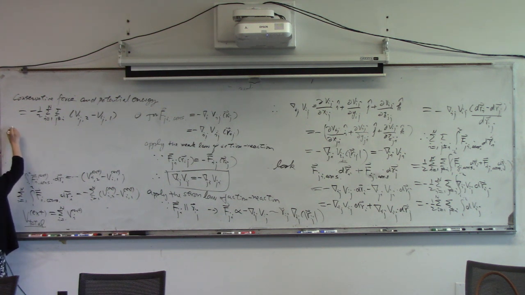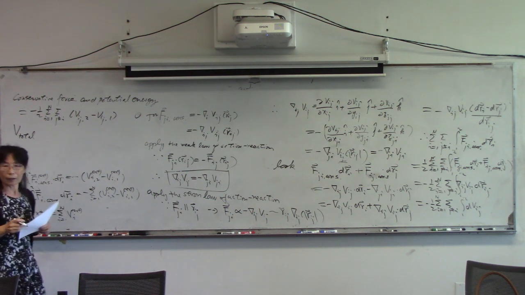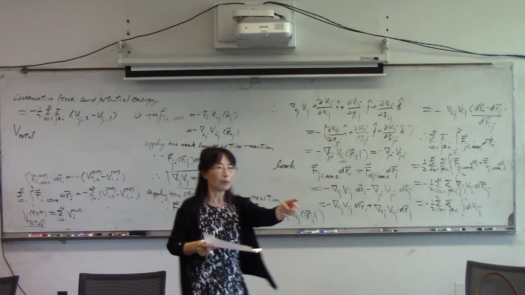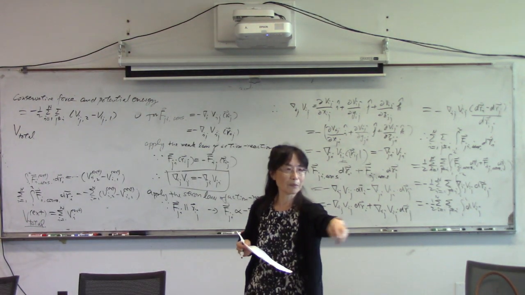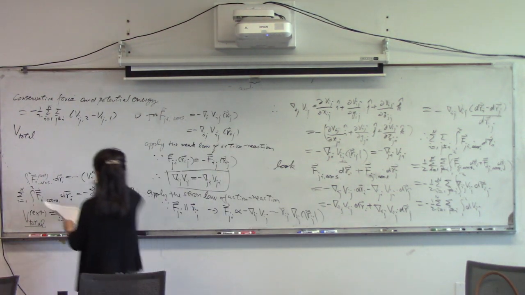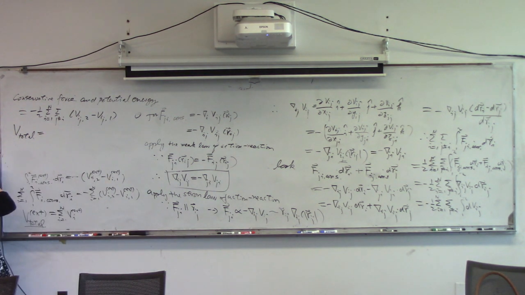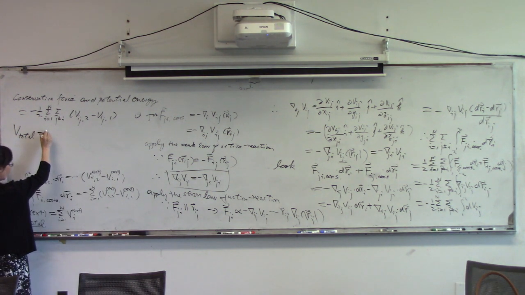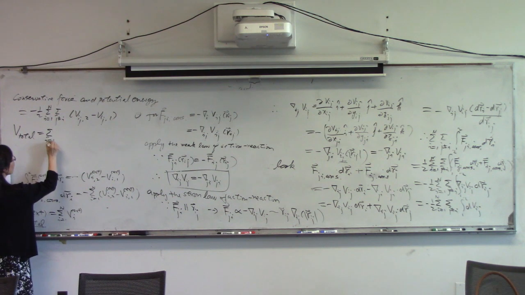Okay, so now we are going to introduce the total potential. Since we have a potential due to the external potential energy and also internal, right? So we have external, that is the sum of all the particles from 1 to n.